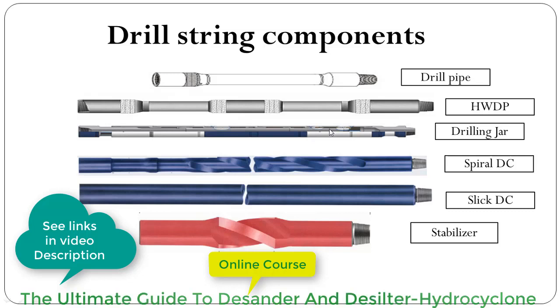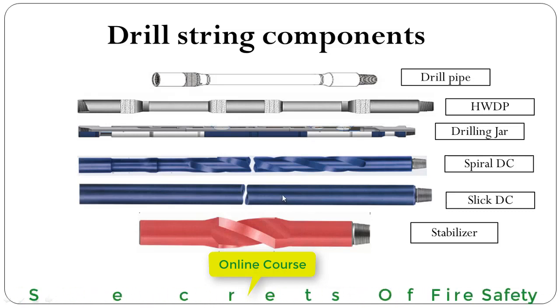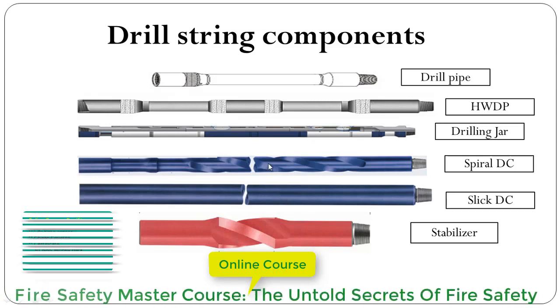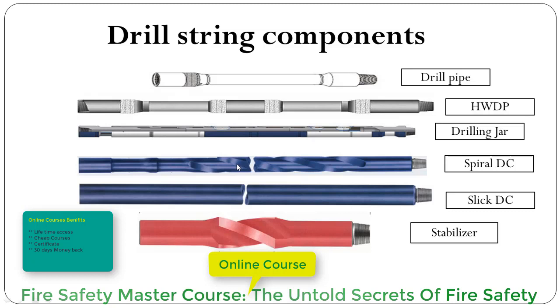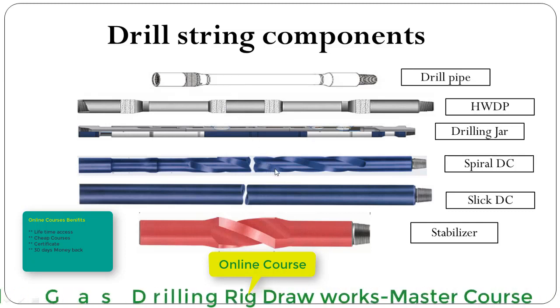Drill collars can be spiral drill collar or flush or slick drill collar. Spiral drill collars have a spiral shape profile on their body, and drill collars are heavier as compared to heavyweight and drill pipe, and they have very thick steel walls.